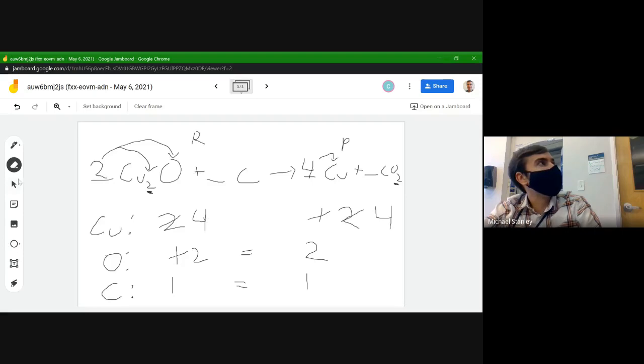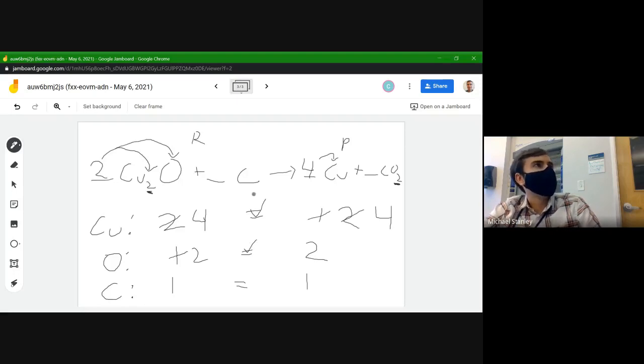So it looks like we are all balanced, but let's double check one more time. We have 2 Cu2Os, which gives us 4 total Cus on the reactant side. And we have 4 Cus on the product side. So that's a good sign. That checks out, 4 and 4. We have 2 Os on the reactant side and 2 Os on the product side. So 2 and 2, that checks out.